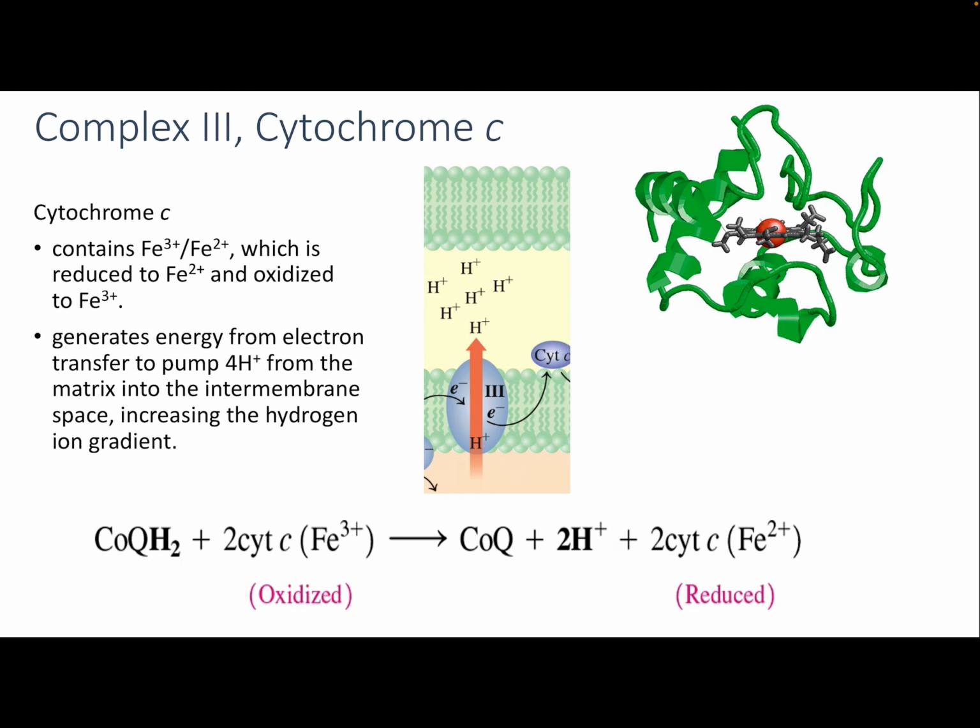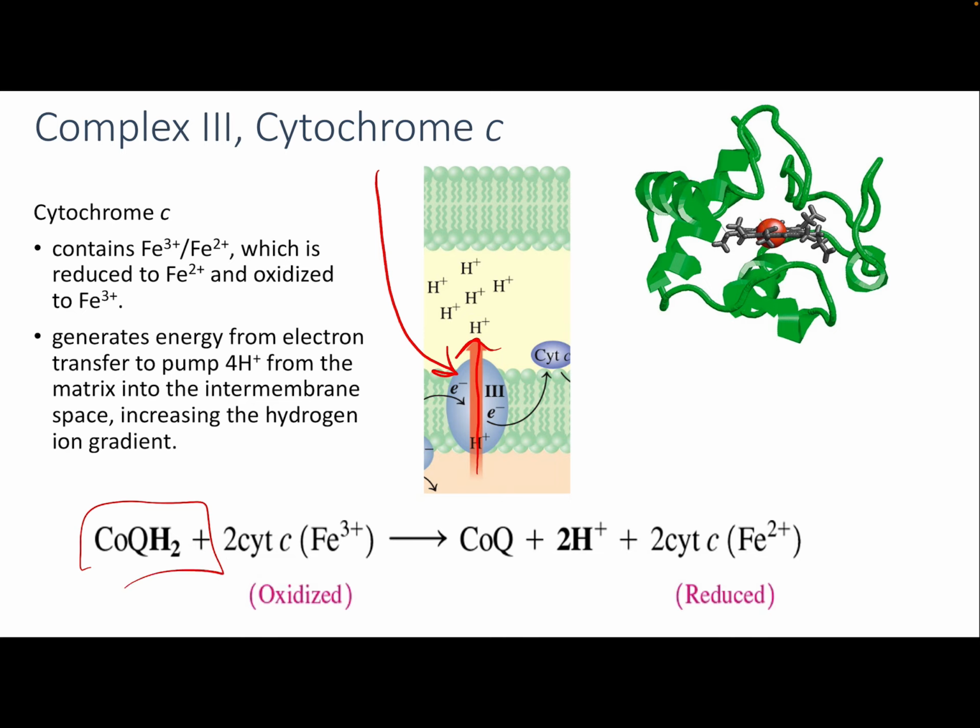So complex 3 and cytochrome C work together. Complex 3 is the receiver of those electrons, and it looks like using the energy from those oxidations and reductions, it's able to pump more hydrogens across the membrane. So again, 4 hydrogens are pumped across for every electron that gets transferred.